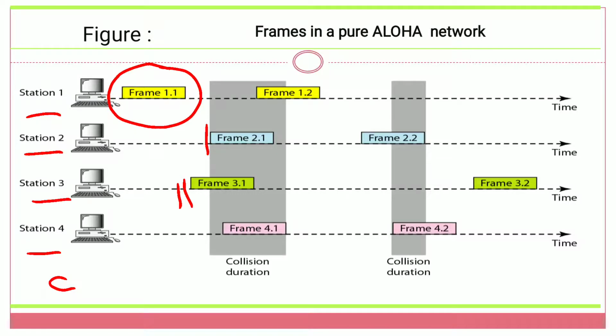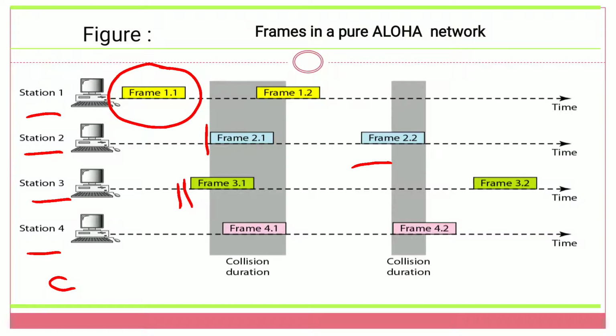Next, after some time, station 2 starts transmitting frame 2.2, and no other transmission is there in the shared channel. Meanwhile, after some time, station 4 again starts transmitting frame 4.2.